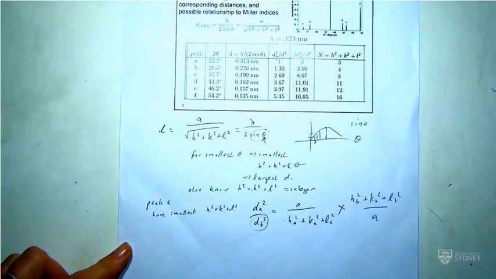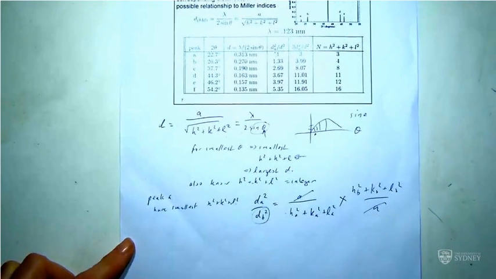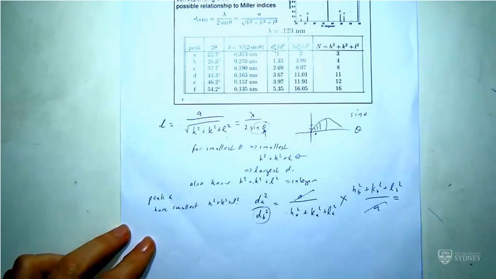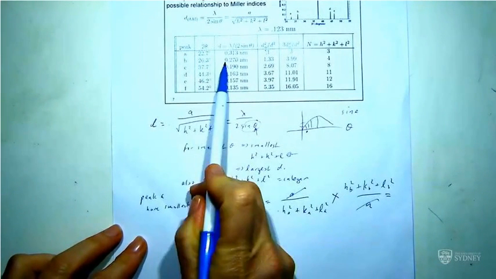Okay, so we can see that the a's cancel out, and we're only concerned with the relationship between the indices for peak A and peak B. And we know, of course, from our expression here, that that's equal to 1.333.